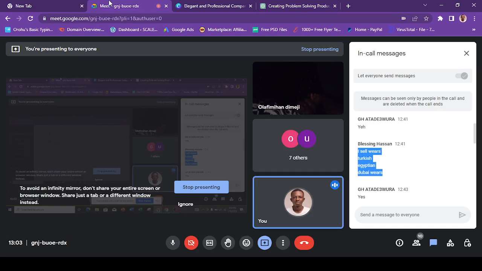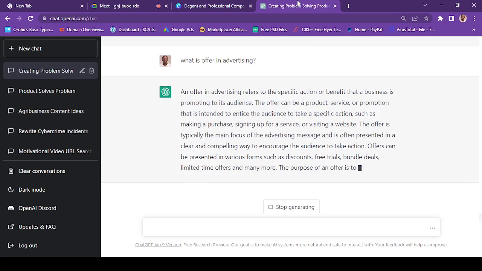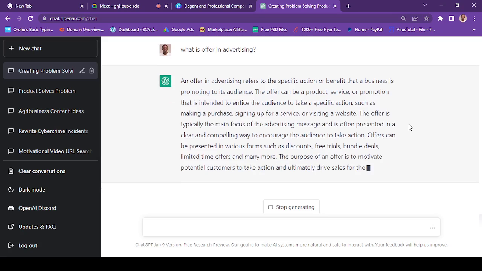Okay, it's still writing. All right, now let me read what this AI is giving out. An offer in advertising refers to a specific action or benefit that a business is promoting to its audience.